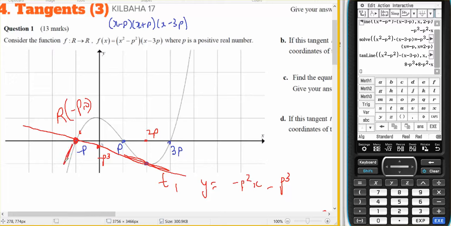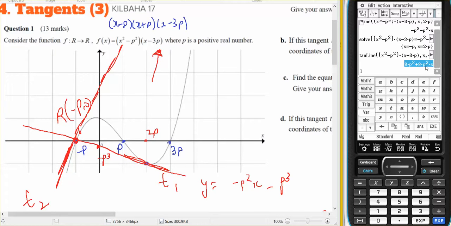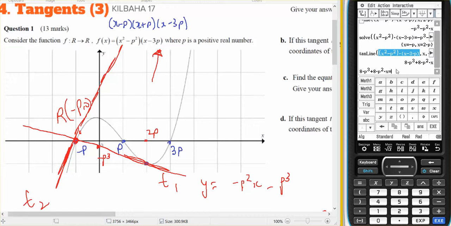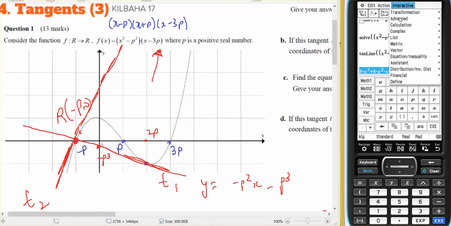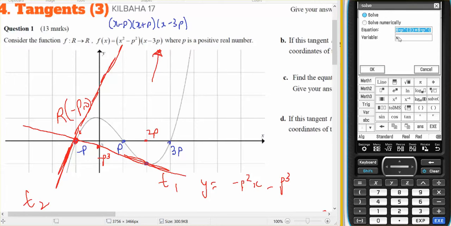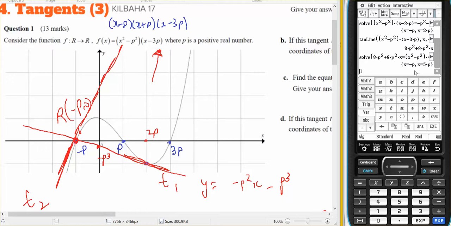So if I'm doing my t2, it's going to intersect somewhere way up there. So I take this equation and I set it equal to this equation, and I select all of that and I solve it for x. X is going to be at minus p, I agree, and also at 5p.